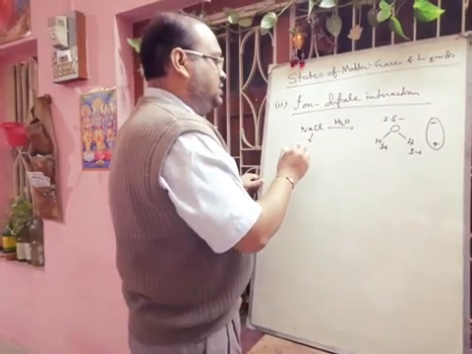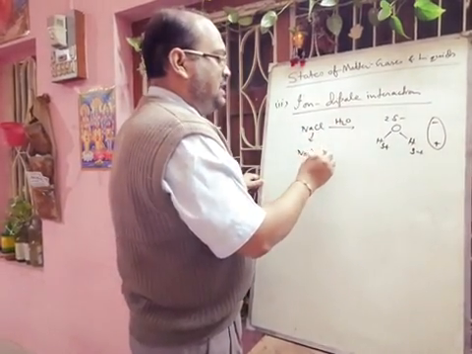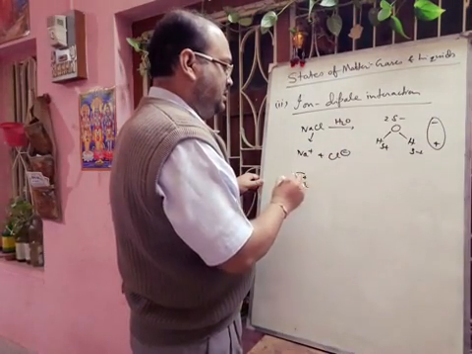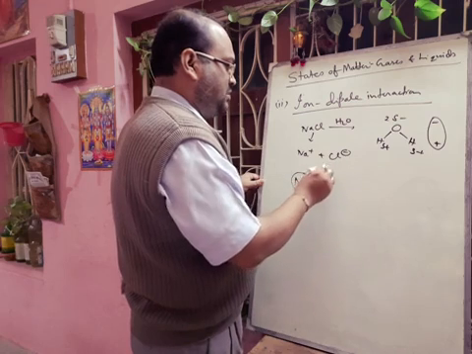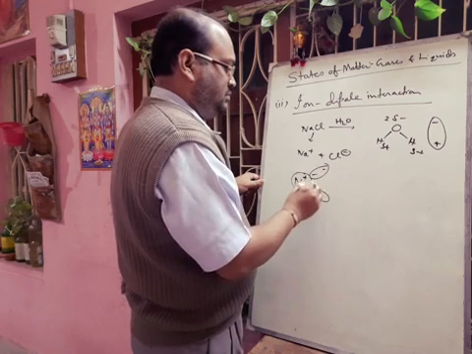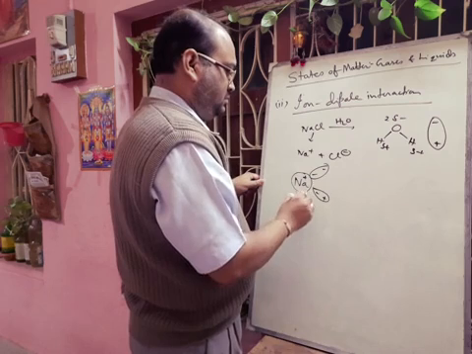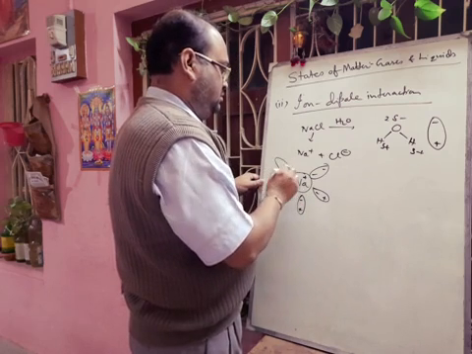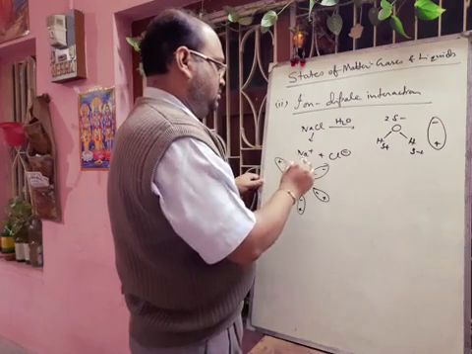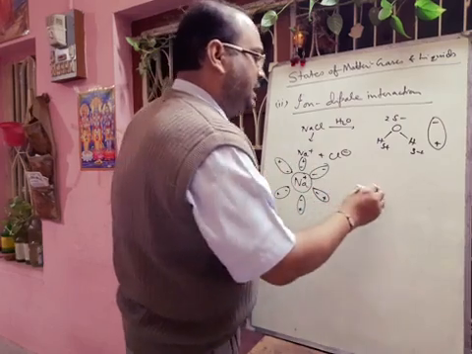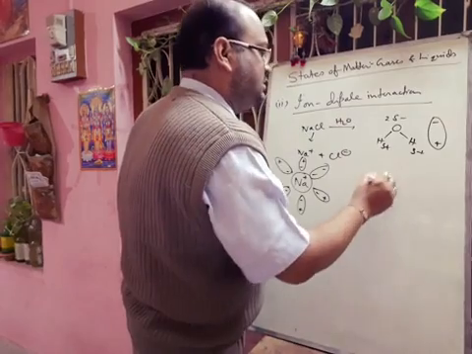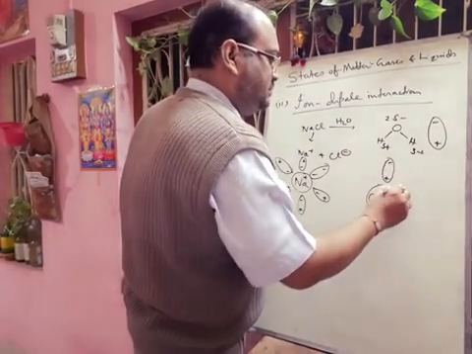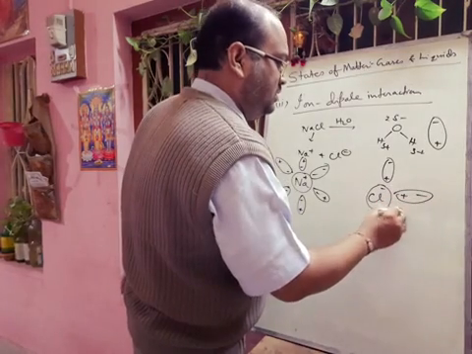Now NaCl will dissociate into Na plus and Cl minus. Na plus will be solvated by the negative end of the water molecule, and Cl minus will be solvated by the positive part of the polar water molecule.